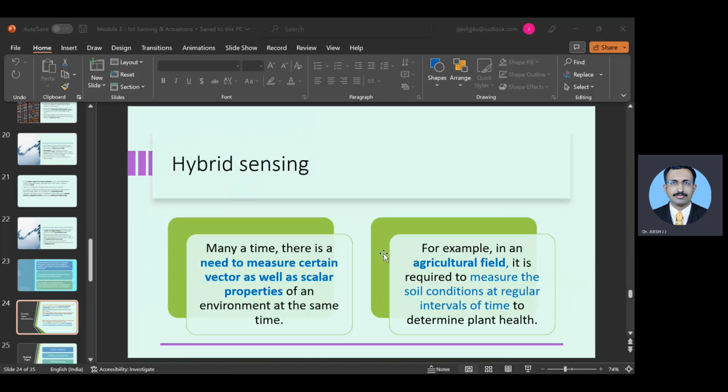There are many agriculture applications. Sometimes you may need to measure soil parameters at frequent intervals. What are the things you measure for the soil? Water content, pH levels, then minerals, what minerals are present in the soil. Then what else would you measure?